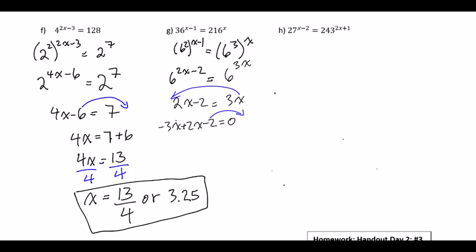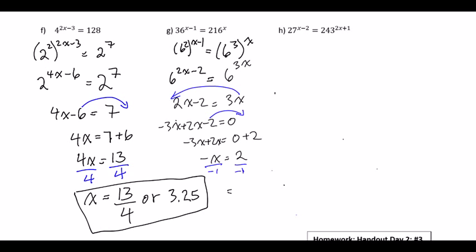So now we get 0 plus 2 is negative 3x plus 2x, and we end up with negative x on the right side equals 2. In order to get rid of that minus sign, we divide both sides by negative 1, and we end up with x equaling negative 2.